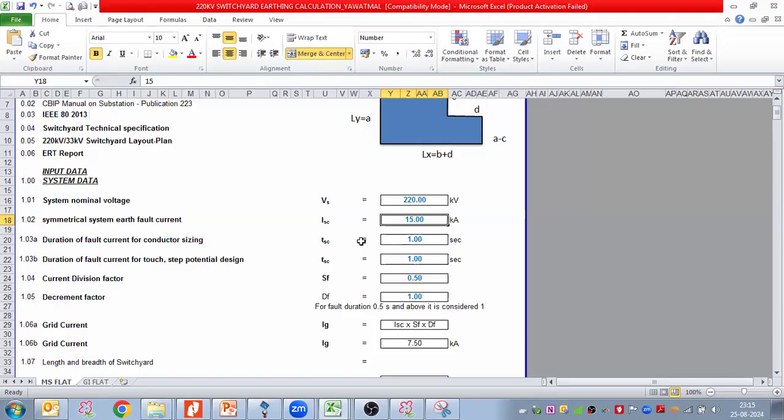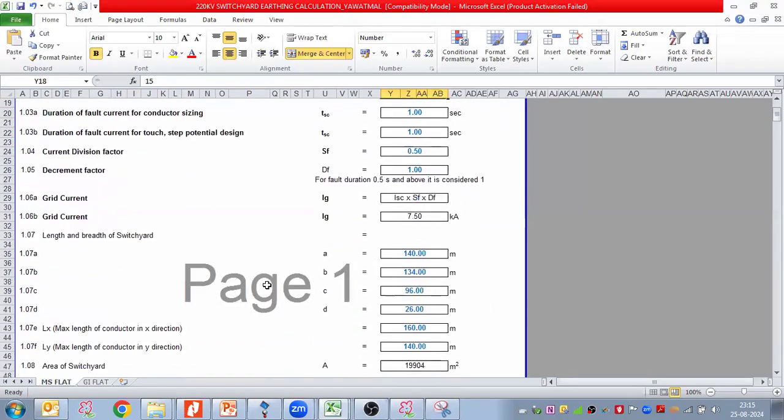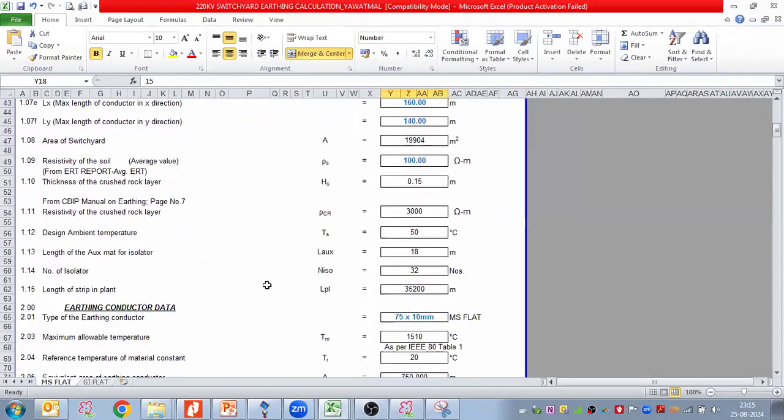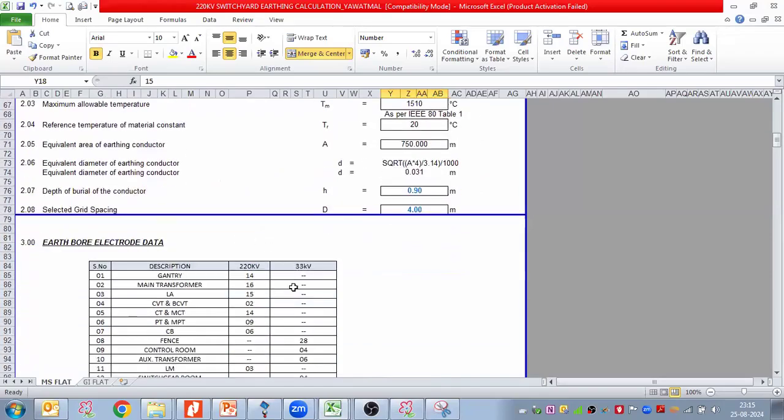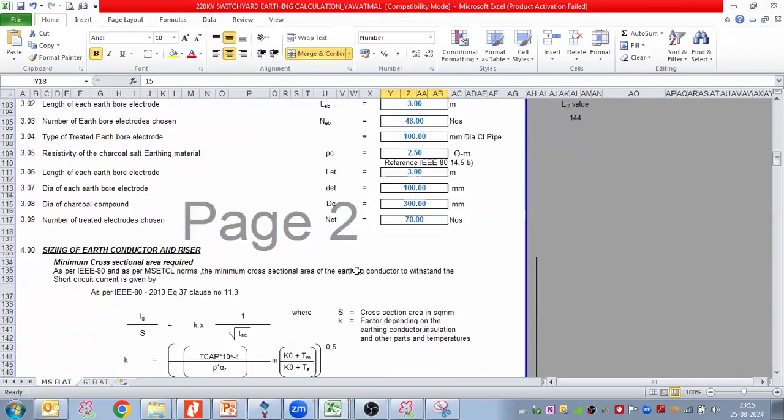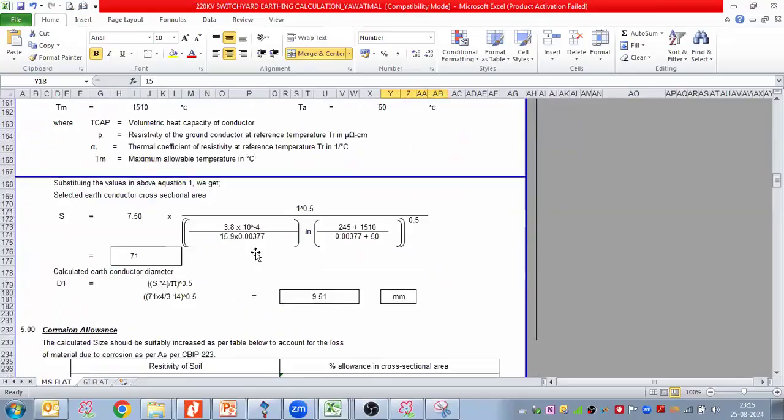So what I did here, instead of taking 40 kiloampere, I took just 15 kiloampere, symmetrical system fault current. Then I calculated all the earthing again, taking just 15 kiloampere.